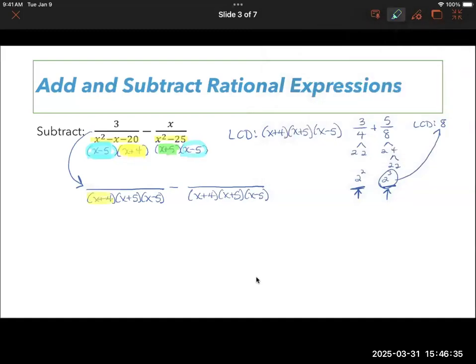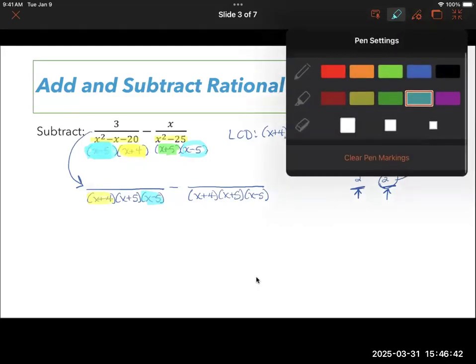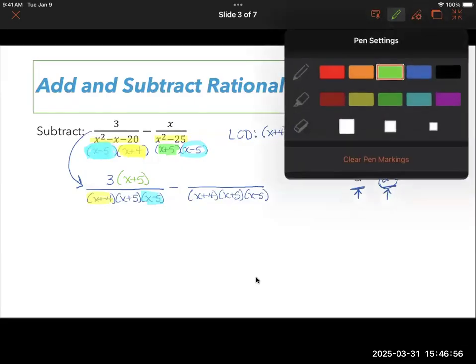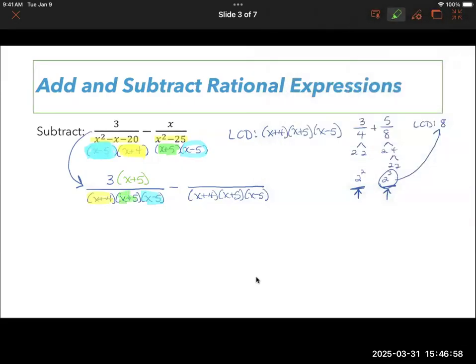And we already have the x minus 5 here. What we're missing is the x plus 5. So that must have been what we multiplied by. So the 3 that was already there will now need to be multiplied by this x plus 5 that we were missing in order to keep that first fraction equivalent.